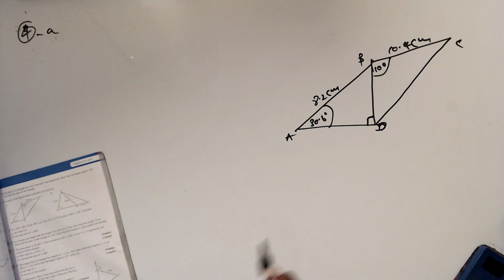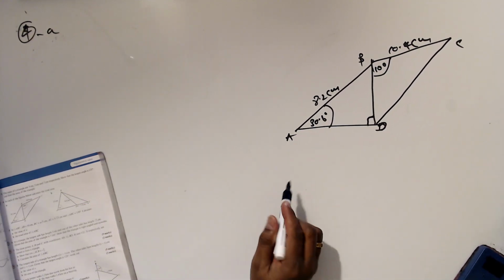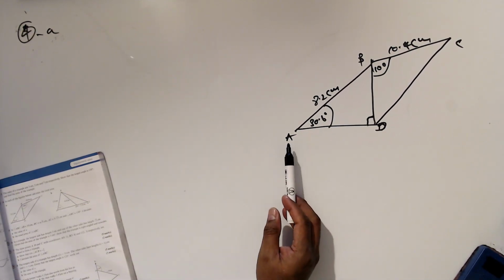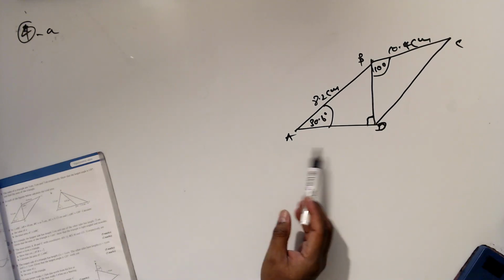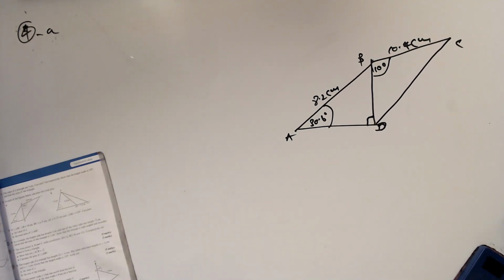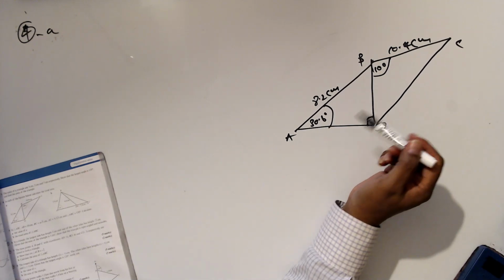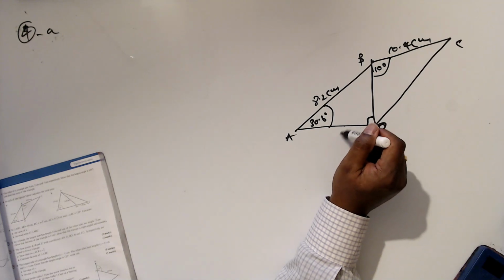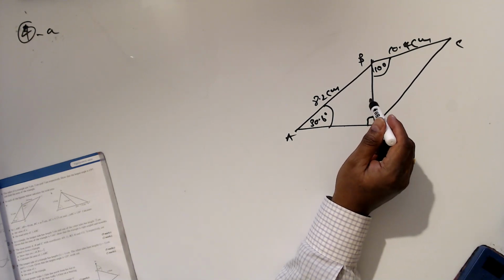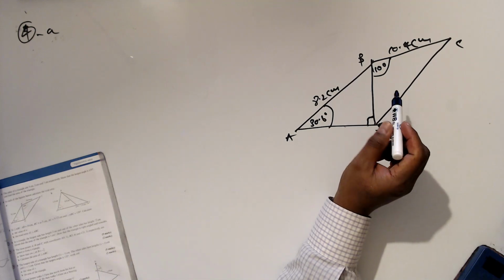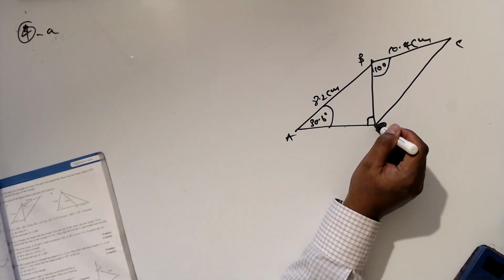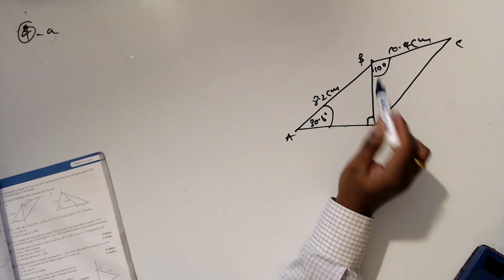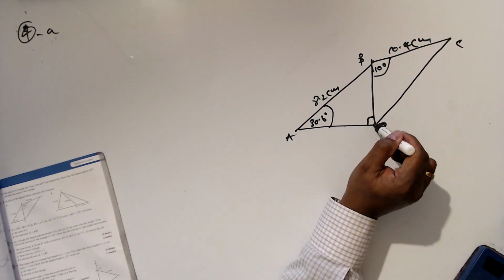Question 4a. When you look at this picture, we need to find the total area. This is a right angle triangle, so we can easily find it with half a b sine C, or half AD times AB, half base times height.